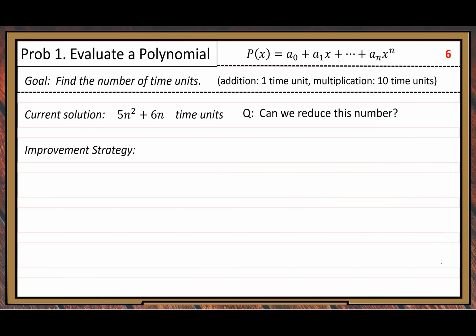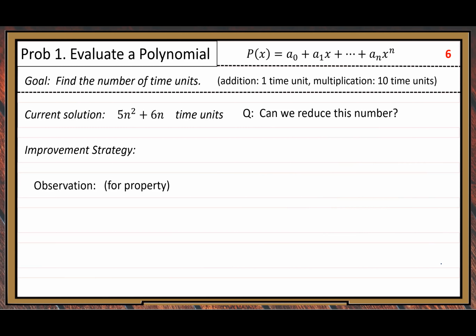Improvement strategy. Here you can see we may need many different strategies when we solve one problem. In different steps, we may need to apply different strategies. To get another strategy, let's do some observation.